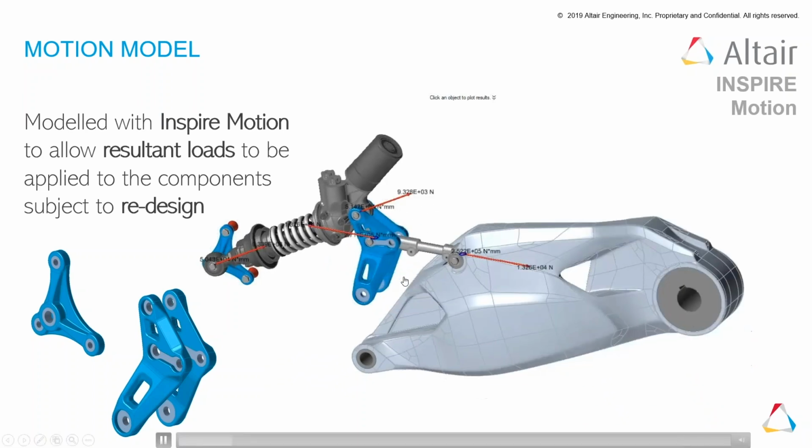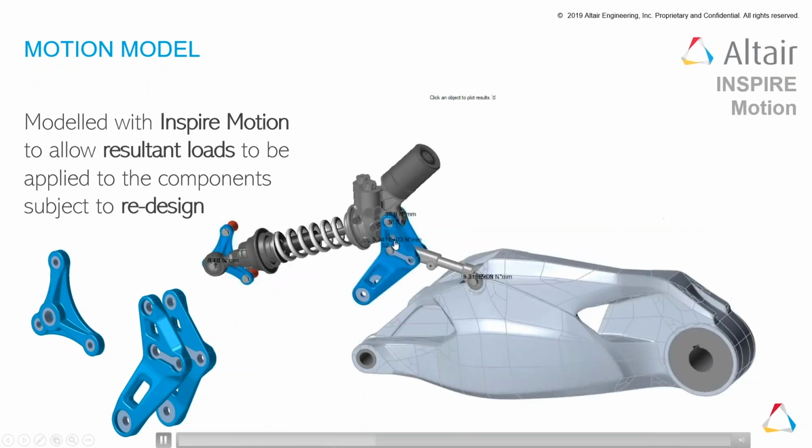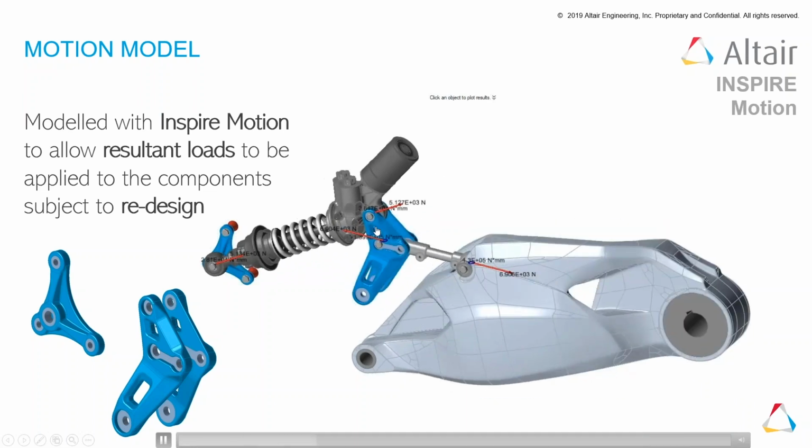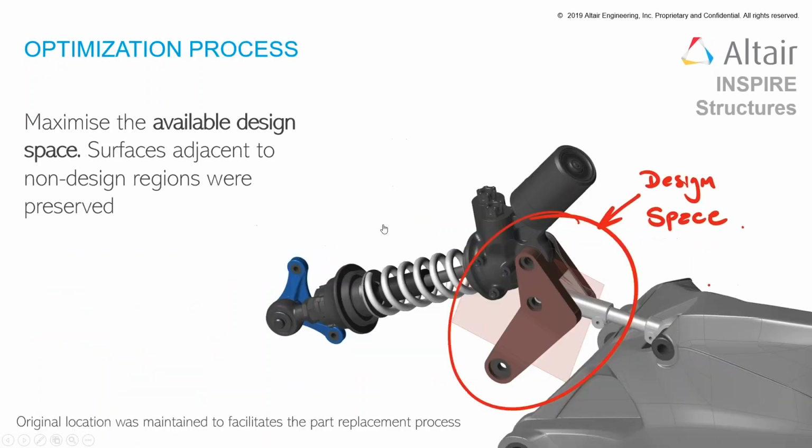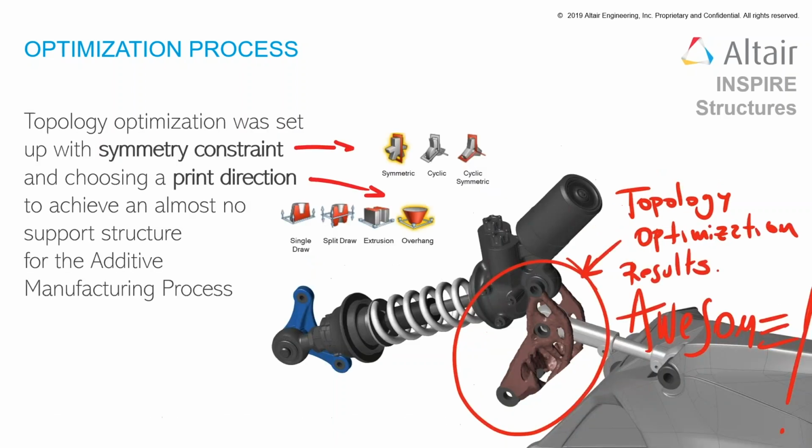If I want to design or redesign this component, the first thing I need to get is the loads. The second thing, in case we are designing a new component, is to create a kind of design space in which we can put or remove material. So I'm informing the software where I can put or remove some material. And of course, I need to define some constraints to the problem.